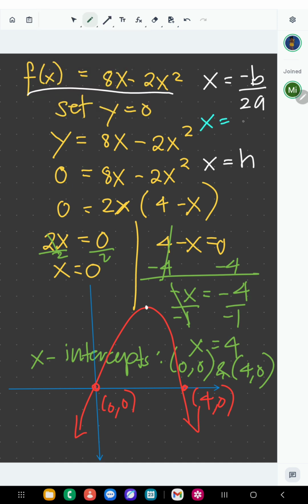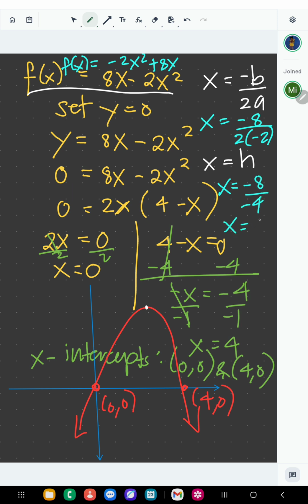So b here is 8, right? Negative 8 over 2 times a, which is negative 2, because you can rewrite this as f of x equals negative 2x squared plus 8x. Okay, then x is equal to negative 8 over negative 4.